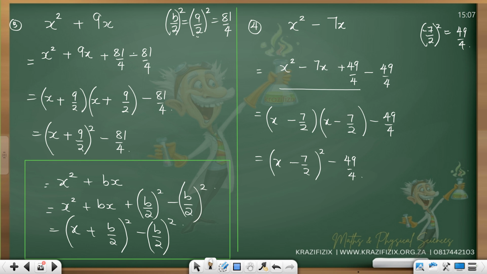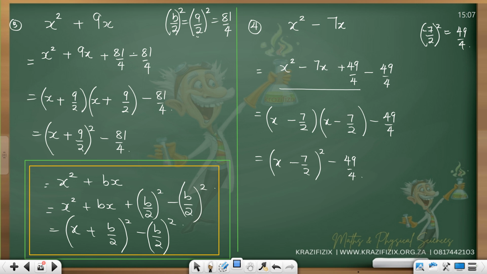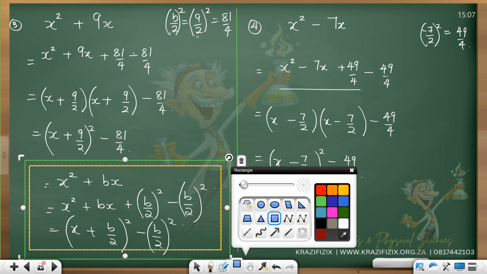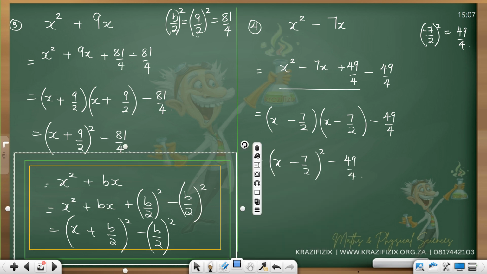So you need to practice this a lot more. What I have in bracket here, in this green block, would really be of good assistance to us in terms of simplifying what we have done so far. So please take note of this. It will help you.